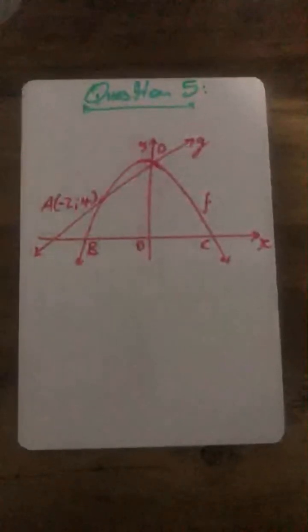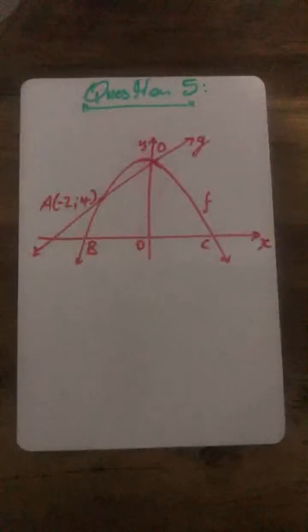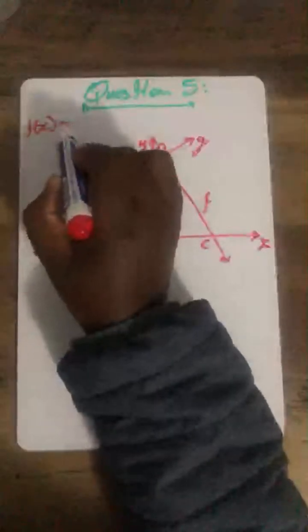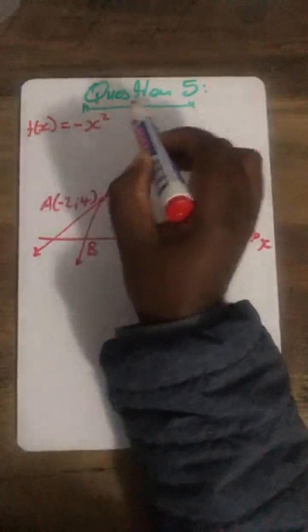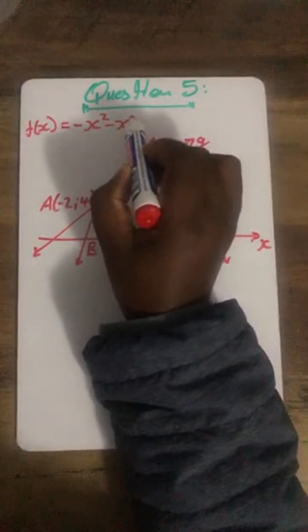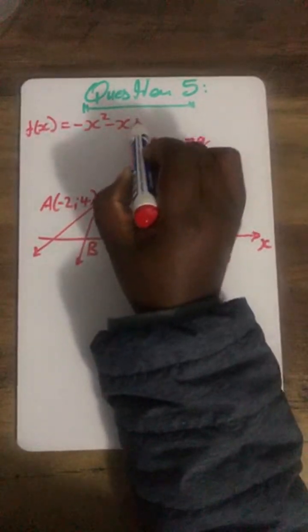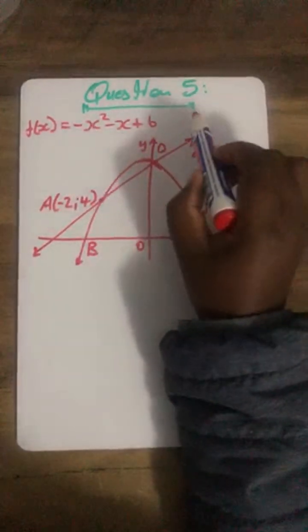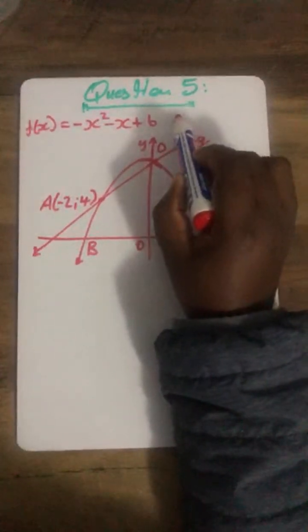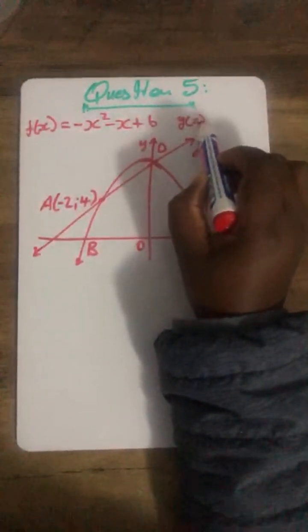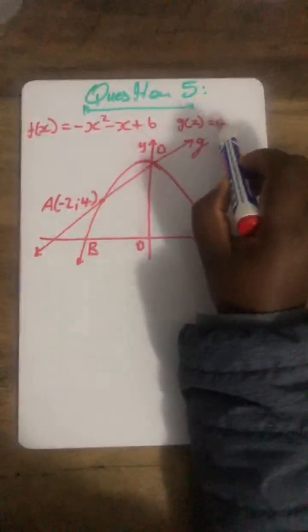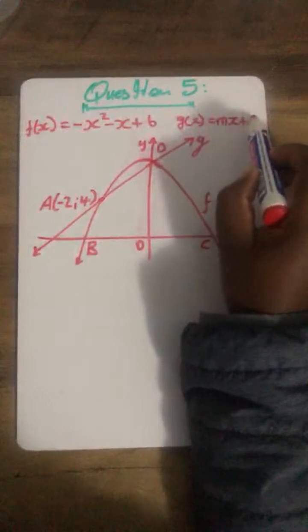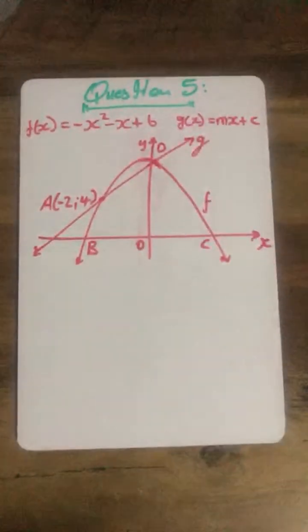The diagram below shows the graph of f. It is the one for negative x squared minus x plus that. And then for g of x, it is just mx plus c.